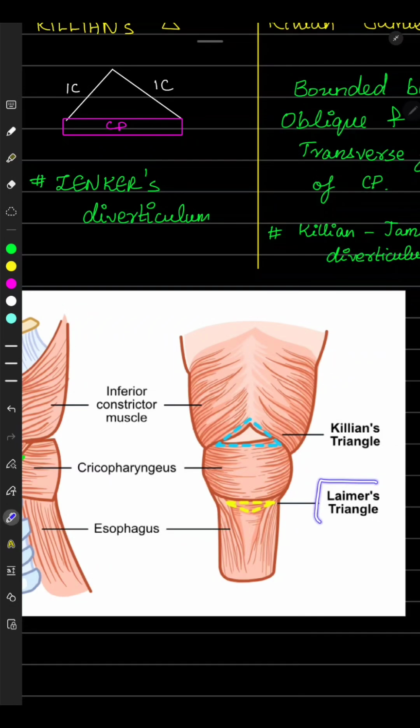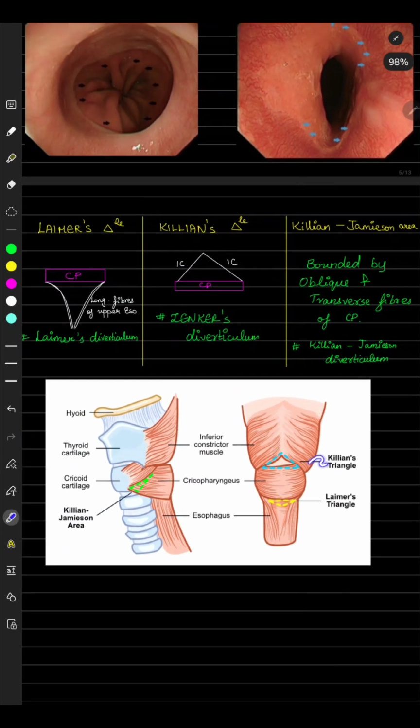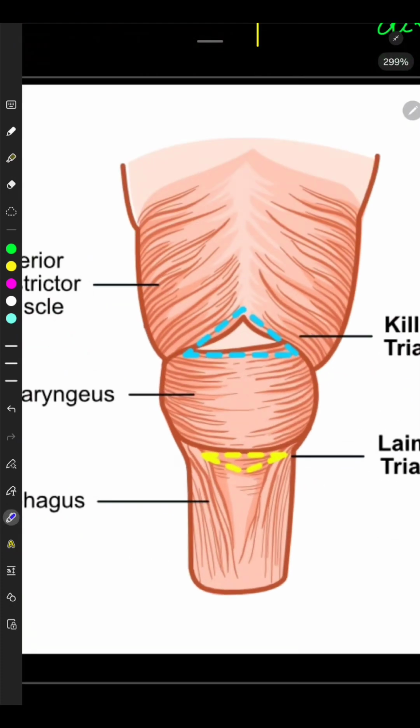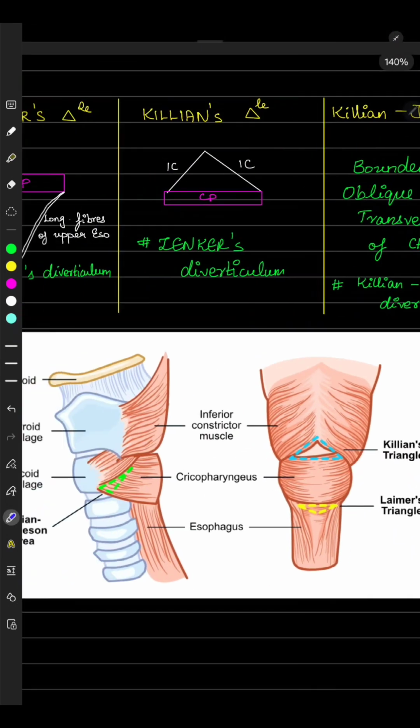For this triangle, which is known as Laimer's triangle, what are the sides leading to the apex? For this, it is the longitudinal fibers. In the esophagus, we have the circular fibers here, and the longitudinal fibers running over here. Outer longitudinal, inner circular, I told you, no. So the longitudinal fibers go sideways in the upper esophagus. That's why they leave a space over here, forming Laimer's triangle.